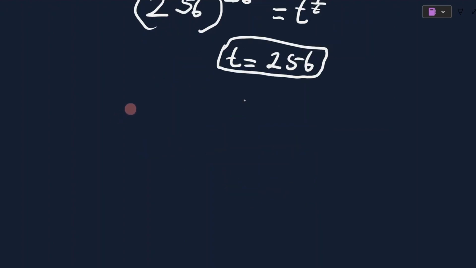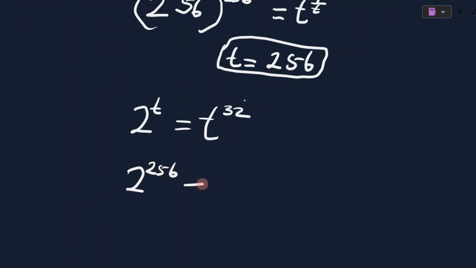And remember, the initial equation says 2 raised to power t is equal to t raised to power 32. So to check if the answer satisfies this equation, whereby our t is equal to 256, we now have 2 raised to power 256, which is equal to 256 raised to power 32.